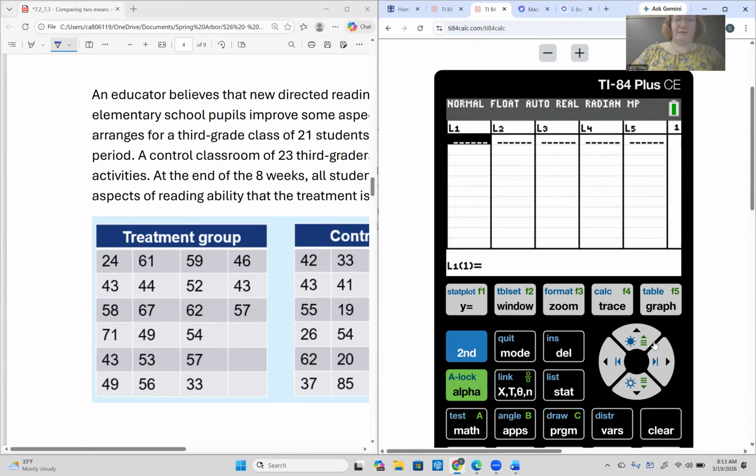So stat edit. Wish I was working with a regular calculator. So much faster.